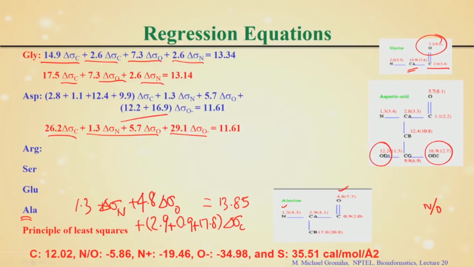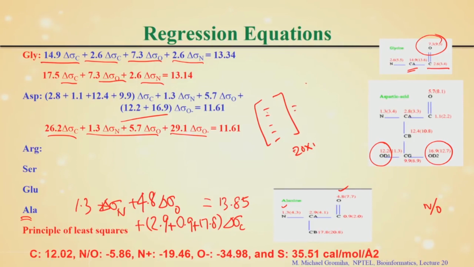So, you get 20 different equations. 20 equations, how many variables? 5 variables. Now, this y axis is the hydrophobicity values. What is the dimension of this matrix? 20 into 1. So, you have the 20 different values, for example alanine 13.35, aspartic acid, and so on for 20 different amino acids.